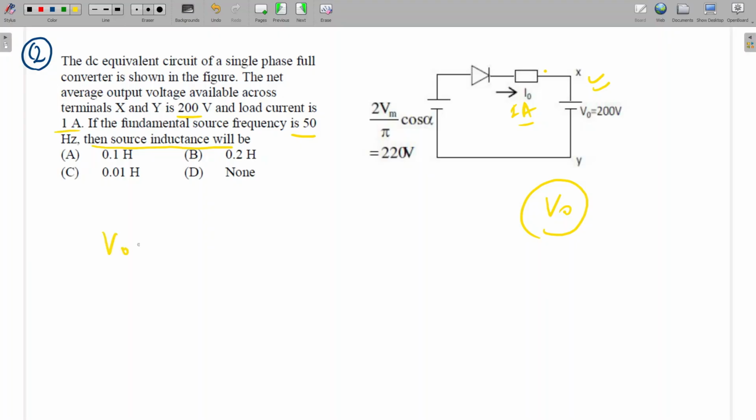So V naught is equal to Vd0 by 2 into cos alpha minus cos alpha plus mu. Is it clear?